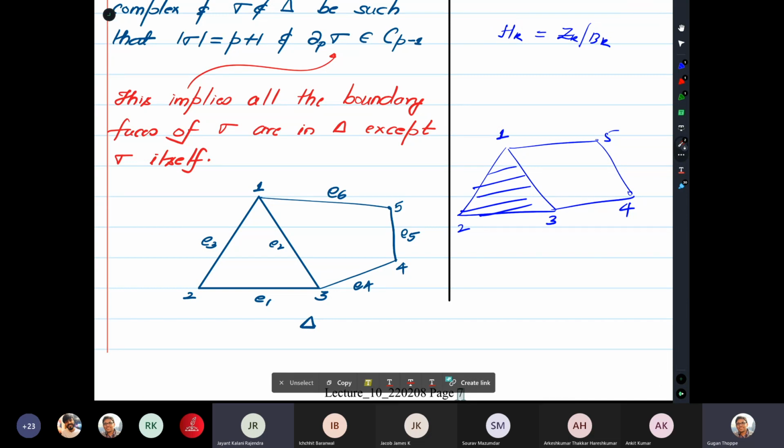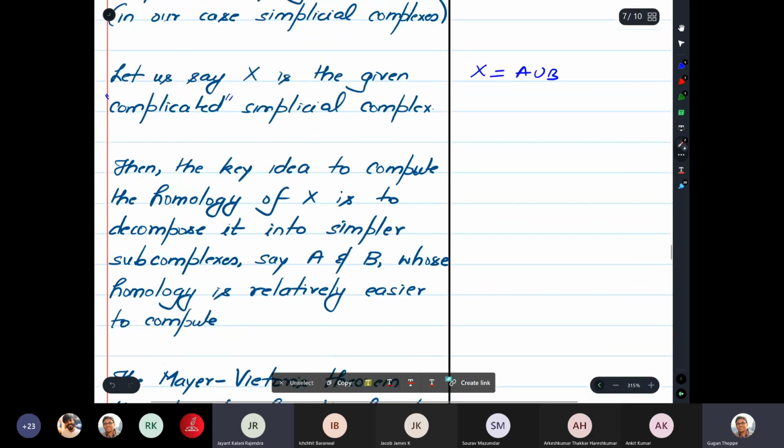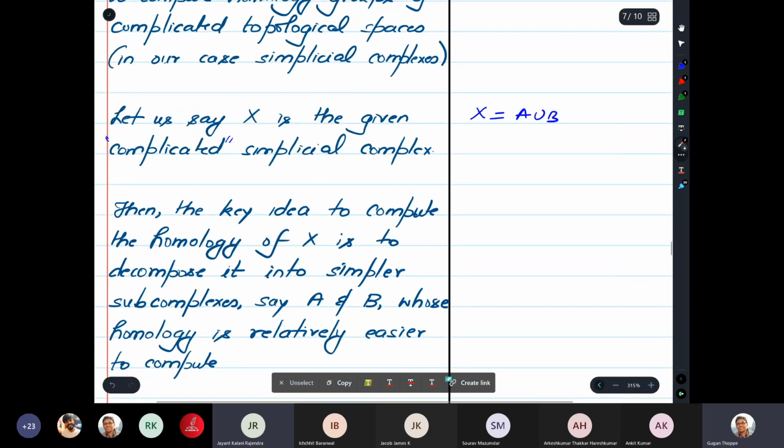What this Mayer-Vietoris theorem will enable us to do is that, let's say we have been given a complicated abstract simplicial complex X, and A and B are subcomplexes of this, which we choose in such a way that computing the homology spaces of A and B is easy. Using the homology spaces associated with A and B, we want to figure out what the homology spaces of X are. That's the goal.